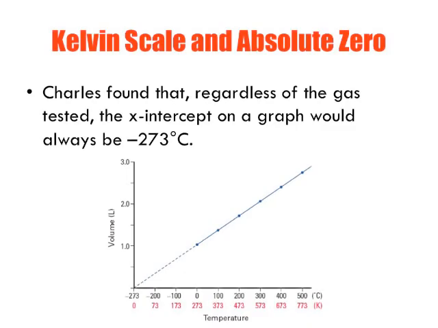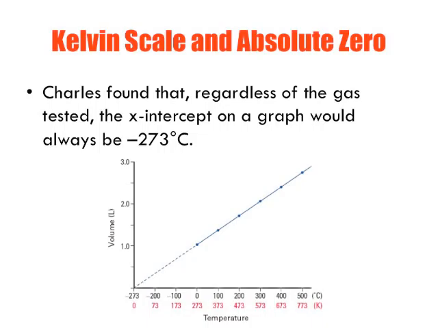What he also noticed was that as the temperature decreased, the volume did too. So eventually he realized there was a point at which technically molecules would cease to move. This was where he labeled minus 273 degrees Celsius.